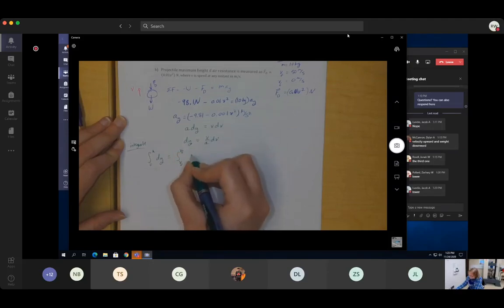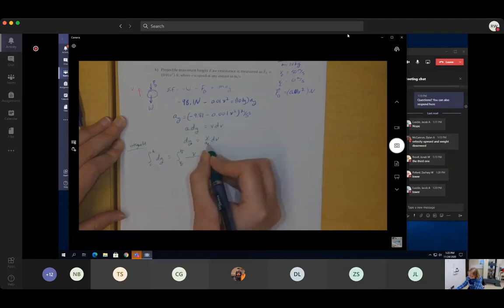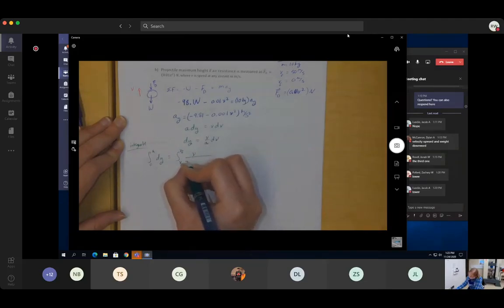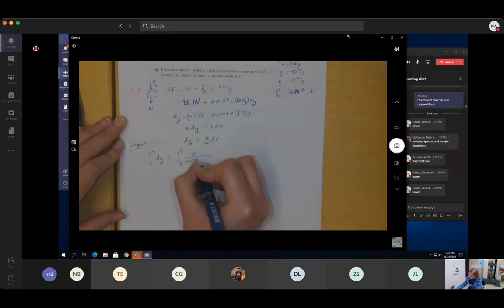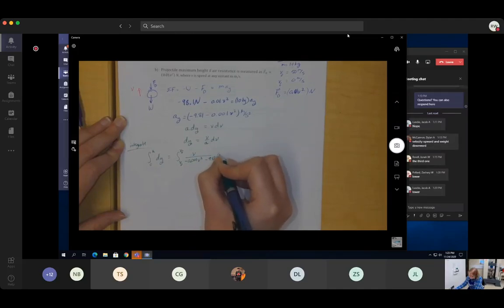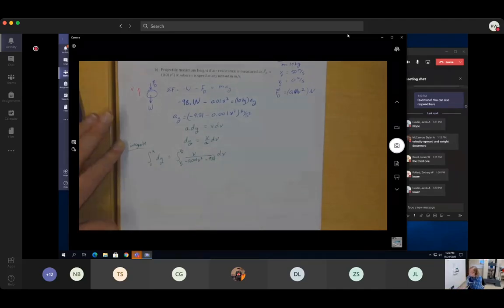And then we have velocity divided by our acceleration, which we said was here. So we've got negative 0.001 v squared minus 9.81, and we're integrating that with respect to dv.